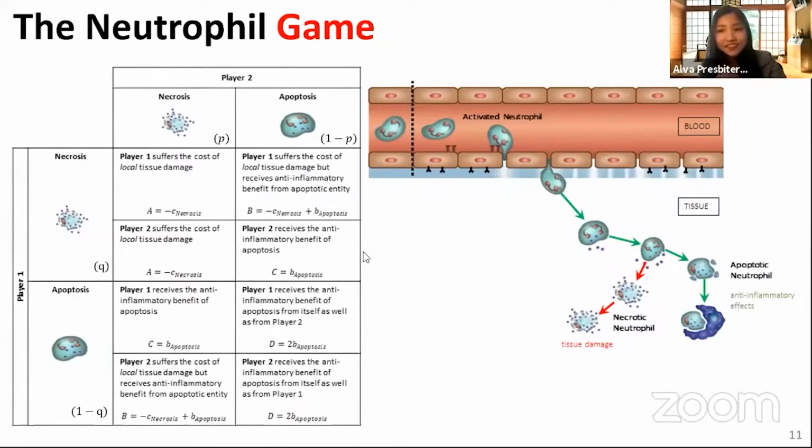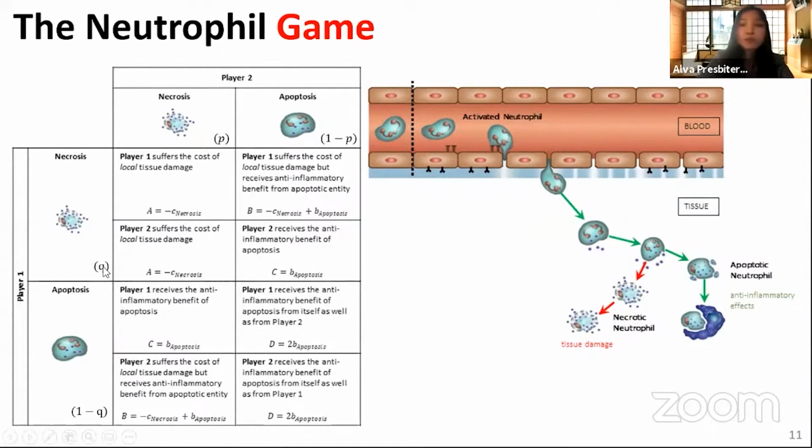And these are the rules of the game. Let me try to explain it to you. This is a symmetric game in the sense that it doesn't matter whether you're playing player 1 or player 2. If player 1 goes into necrosis, again, necrosis is a violent death pathway, and in our case this is called cooperation, as it sacrifices for the sake of the organism.